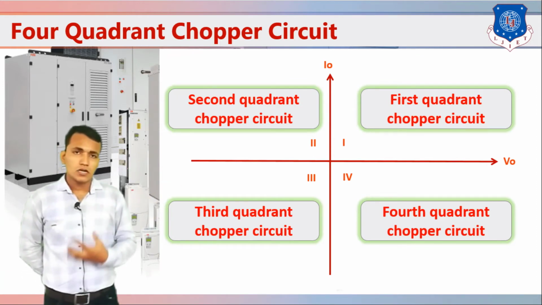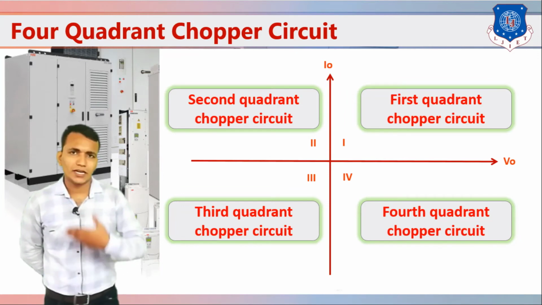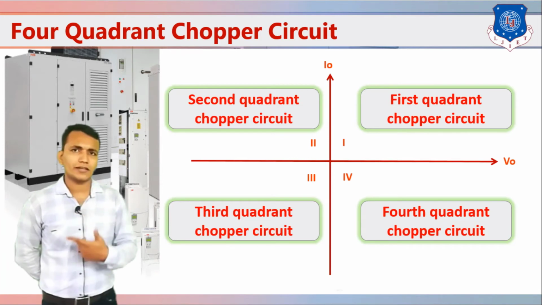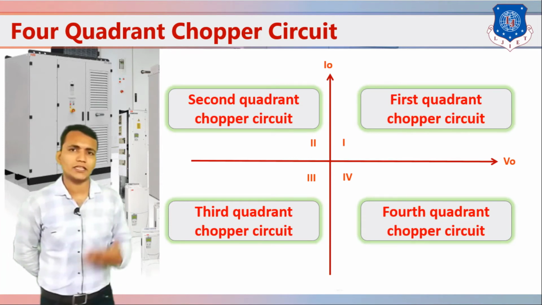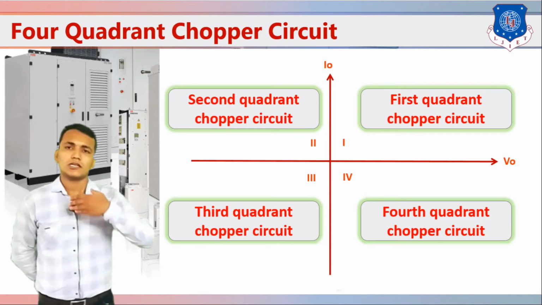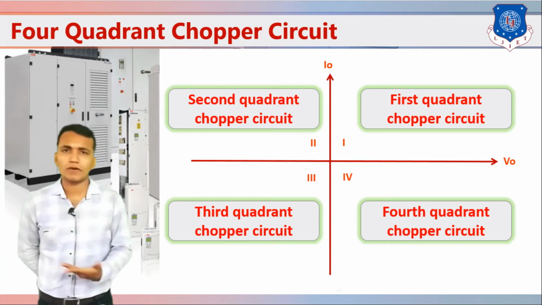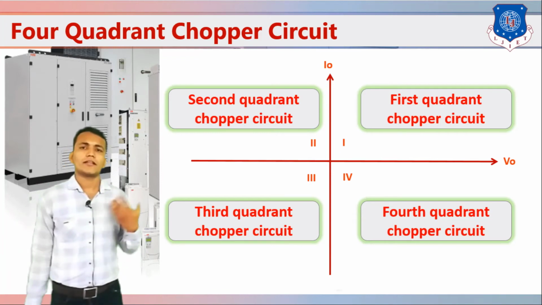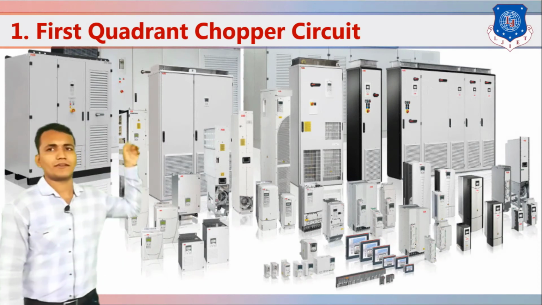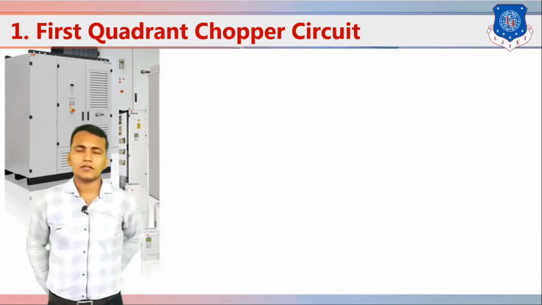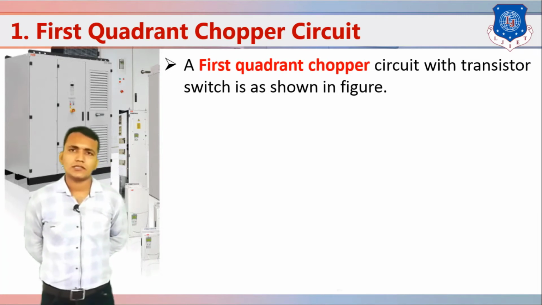Now we have to discuss the 4-quadrant chopper circuit in detail, taking every quadrant in detail. We have to explain the first quadrant chopper circuit, second quadrant chopper circuit, third quadrant chopper circuit, and fourth quadrant chopper circuit. So let us start with the next topic, the first quadrant chopper circuit, with transistor switches as shown in the figure.